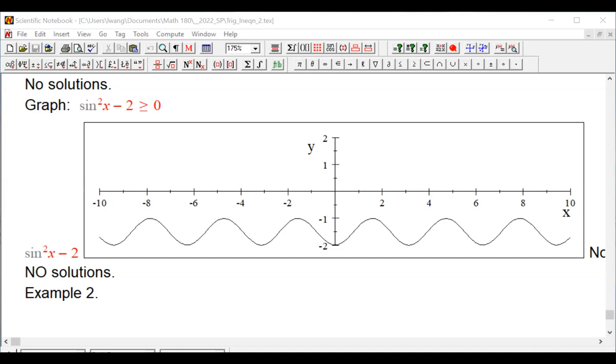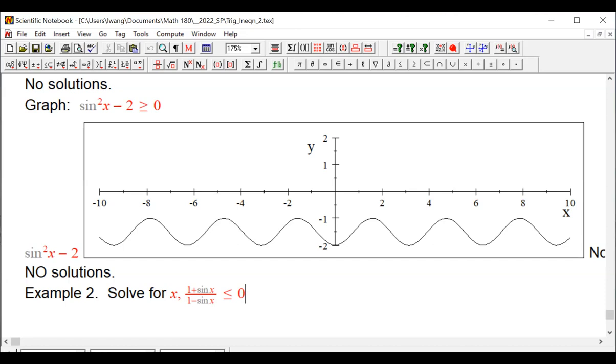It's 1 plus sine x over 1 minus sine x less than or equal to 0. So solve for x.